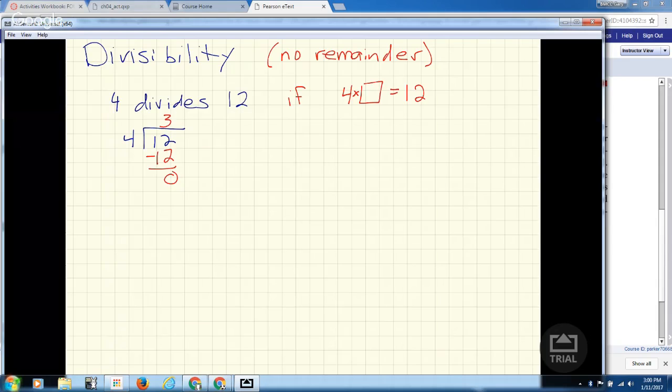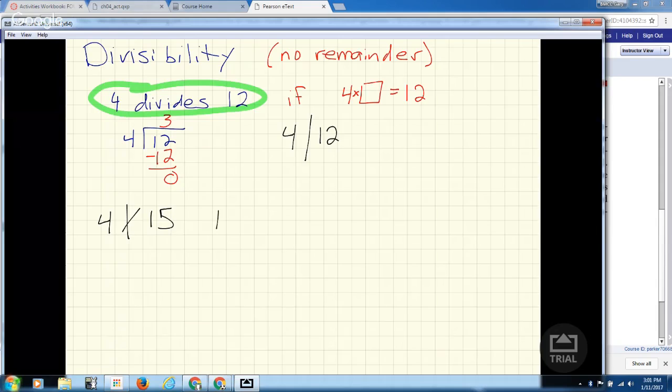The notation for 4 divides 12, the way I would write that, would be 4 | 12.